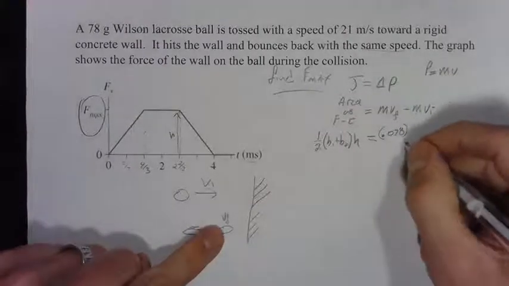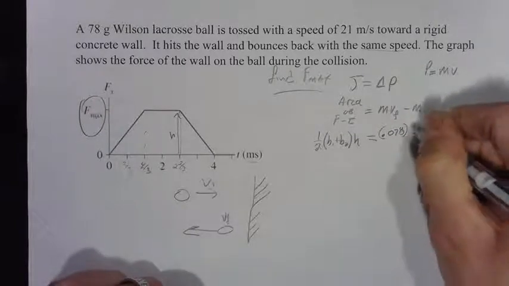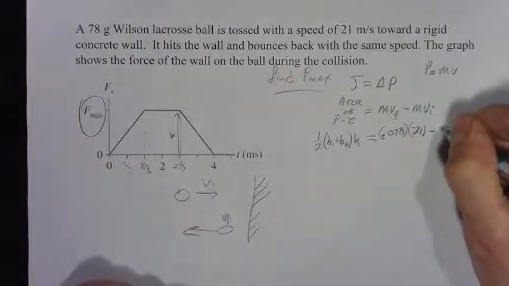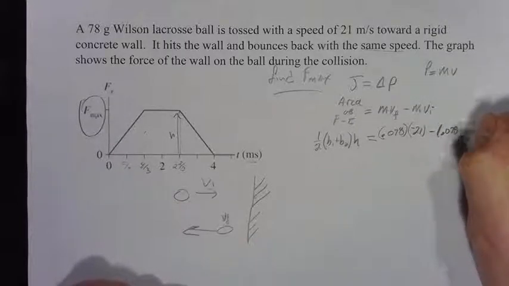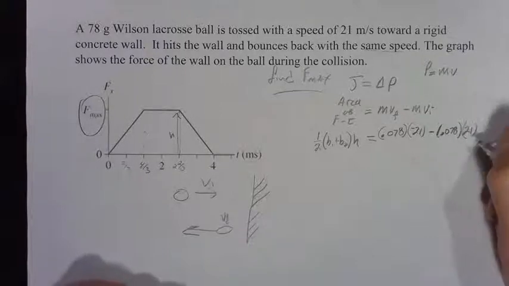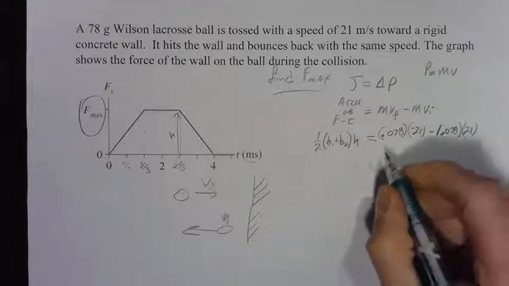So this final is a negative 21 minus the initial, which we've got again 0.078 kilograms and 21 meters per second.